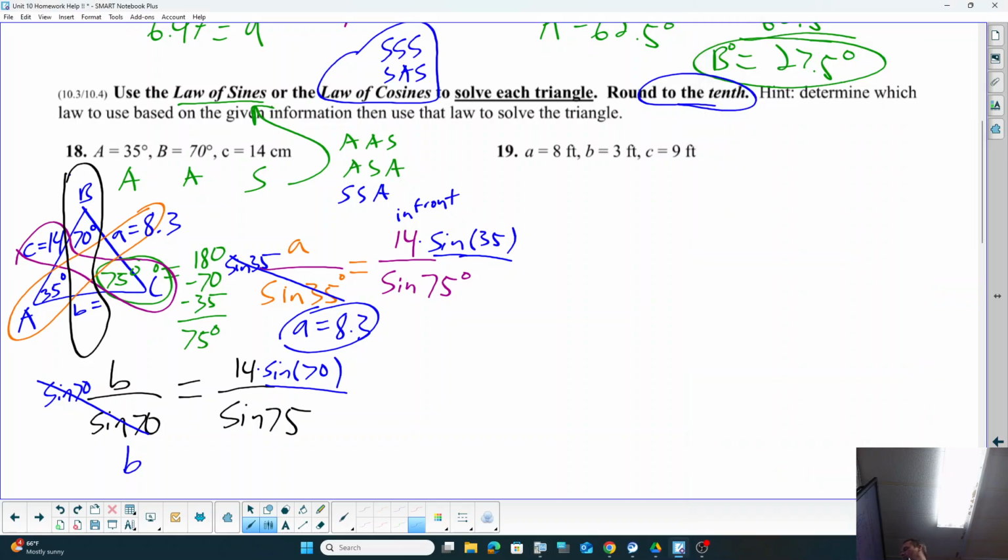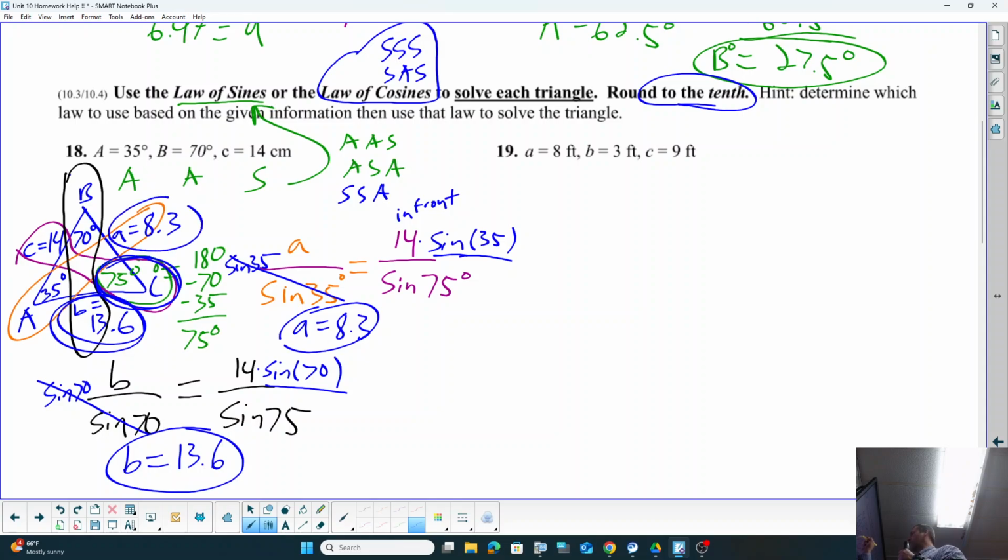So little b is equal to 13.61 or just 13.6. So that's our little a and our little b that we just found, as well as angle C that we just found. So those are the three bits of information that we needed to do this problem.